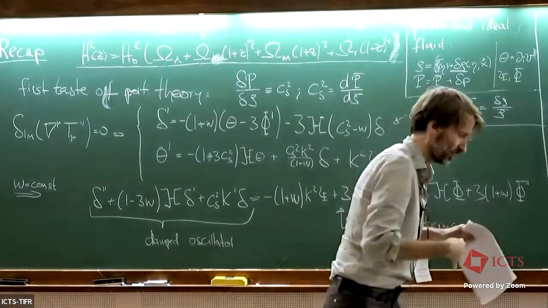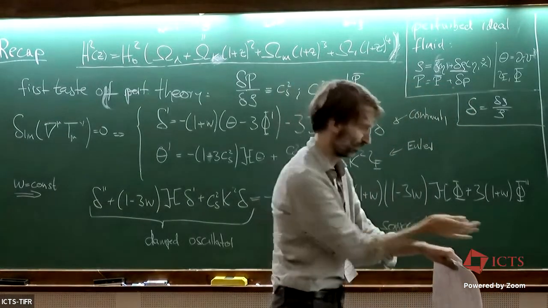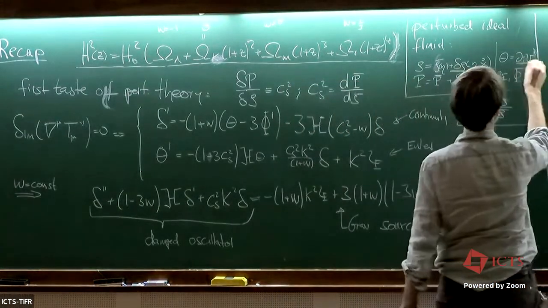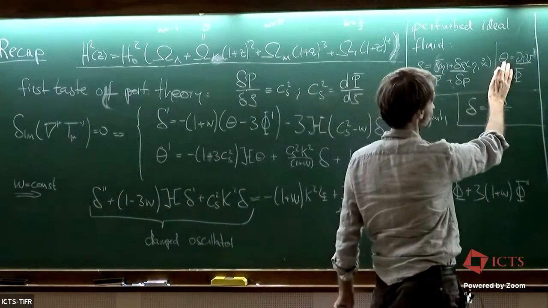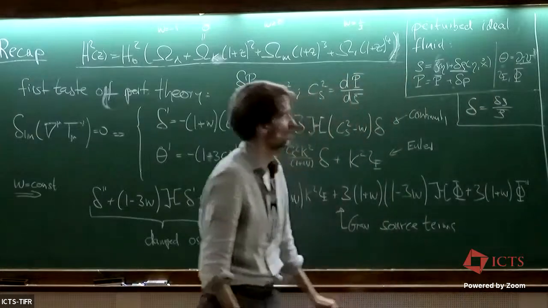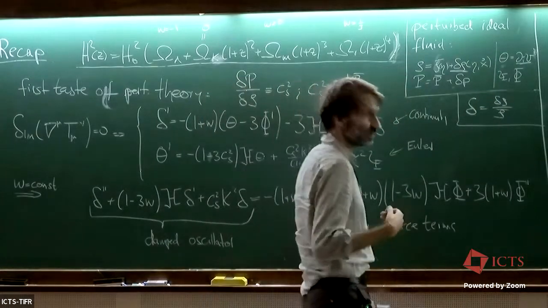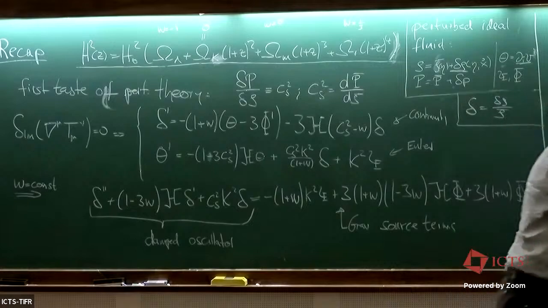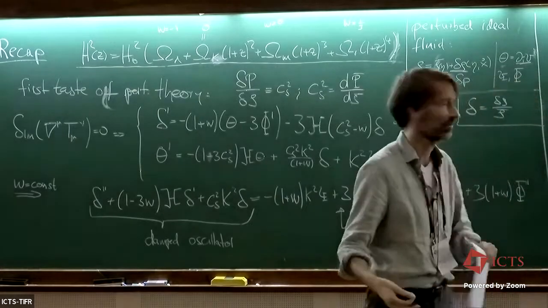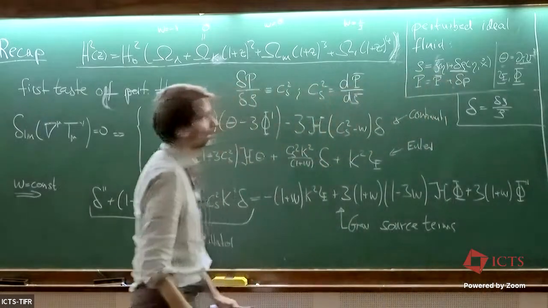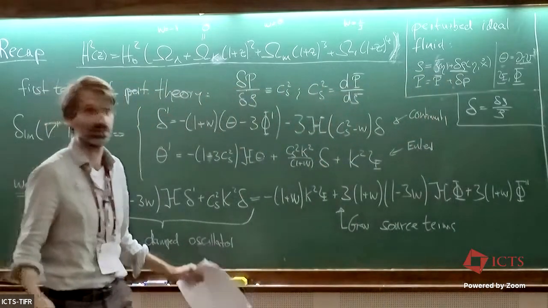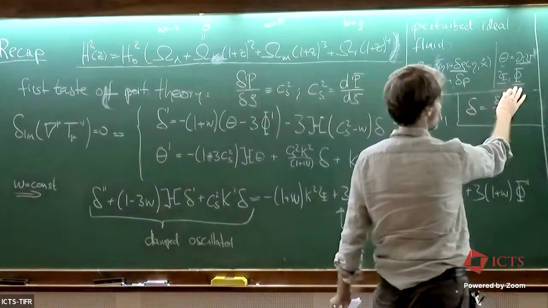At background level we can, but then there are going to be velocity perturbations, and we defined this velocity divergence, capital theta. And of course, we cannot perturb the fluid without also perturbing the geometry. So we also introduced metric perturbations, capital psi and capital phi.